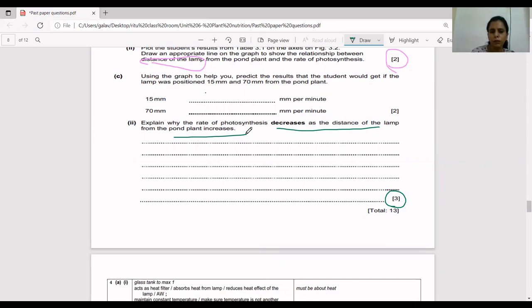So 1 mark you will get for writing that the light intensity provided to the plant for the process of photosynthesis decreases as the lamp moves away from the plant. 2nd mark for writing as light intensity decreases, the rate of photosynthesis decreases.